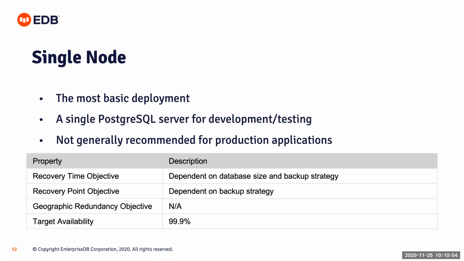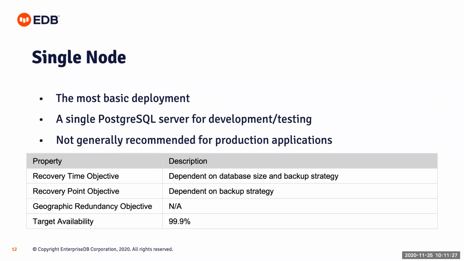In those cases, the database will usually have a script that resets it to a known state with test data inside it. So if you lose the database or the server, you can just set up another server and reset the database on there, and you're off again with your development or testing. As already stated, this is not recommended for production.